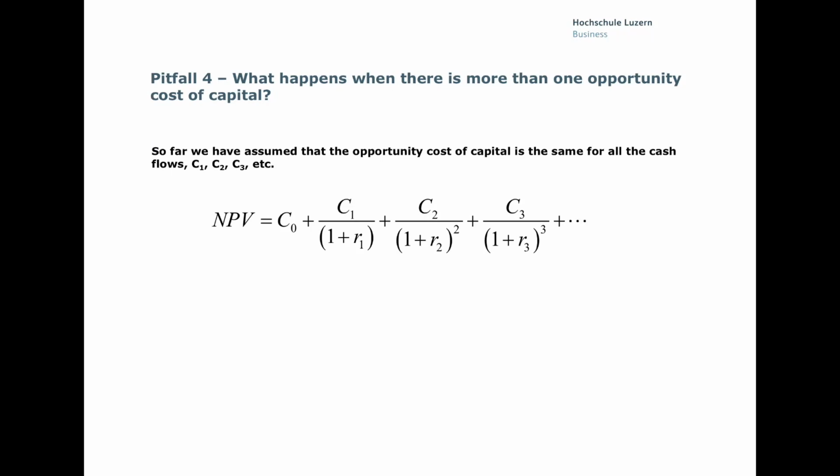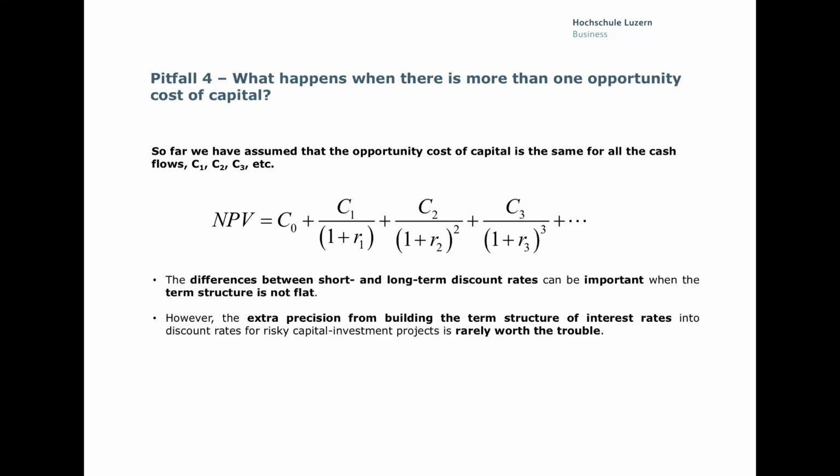Another important question to consider comes up when there is more than one opportunity cost of capital. So far, we have assumed that the opportunity cost of capital is the same for all the cash flows. For example, in an economy where the term structure of interest is not flat, differences between short and long-term interest rates can be important.